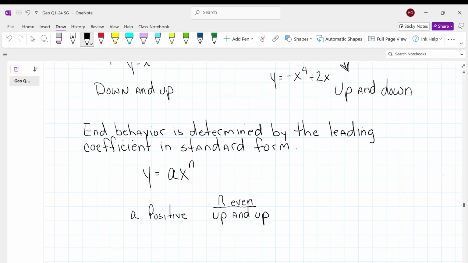When our a is positive and our n is odd, the end behavior will be down and up.